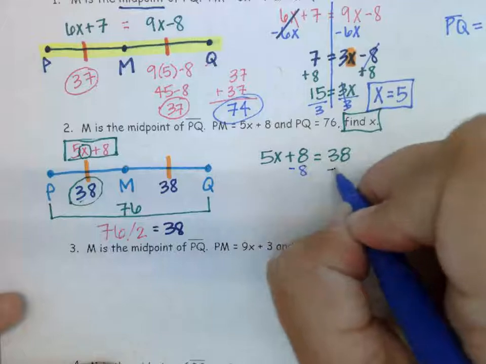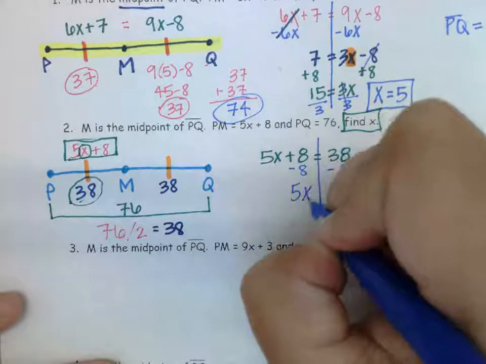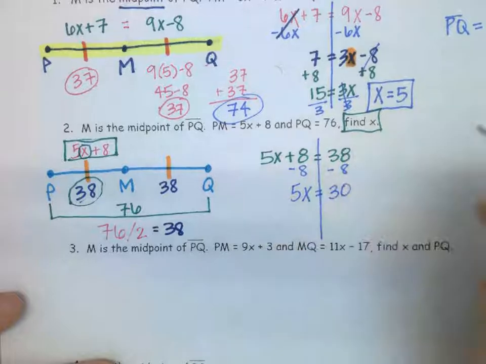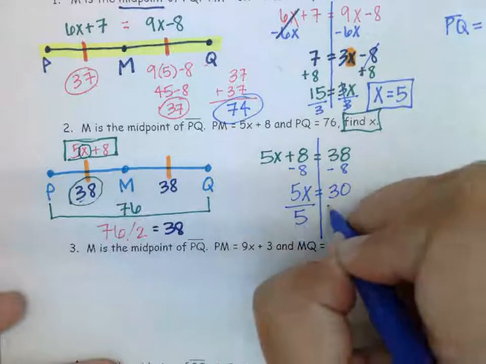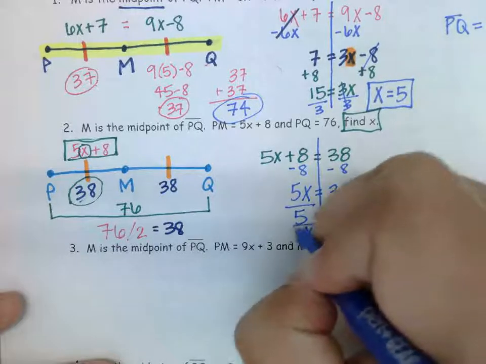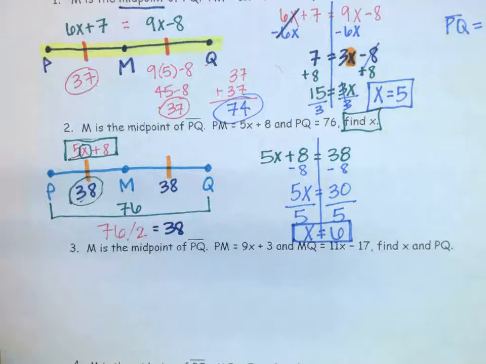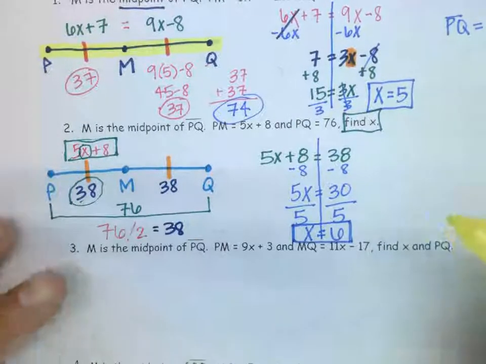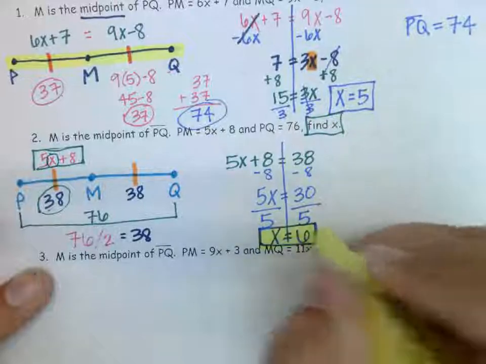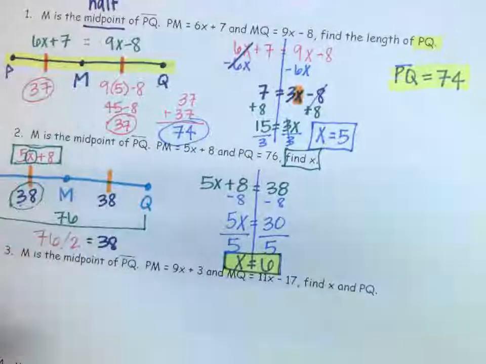Subtract 8 from both sides. 5x equals 30. Divide by 5. X equals 6. Final answer, because that's what they wanted. X equals 6. Final answer here and final answer here. All right, cool.